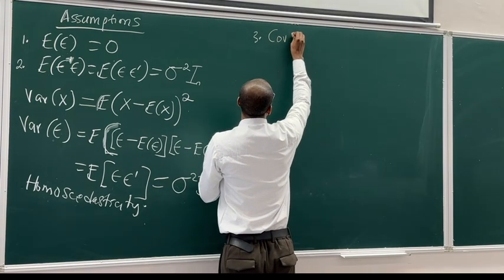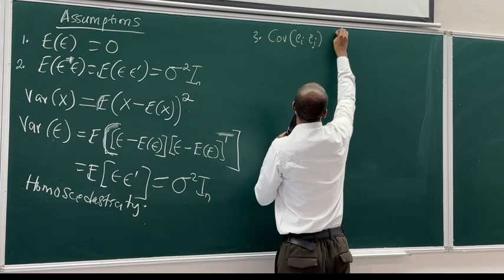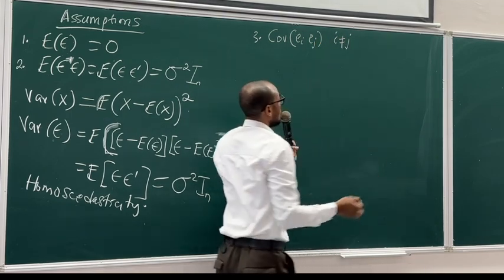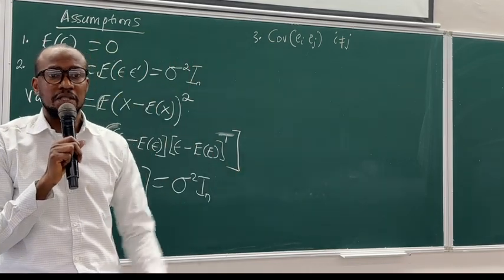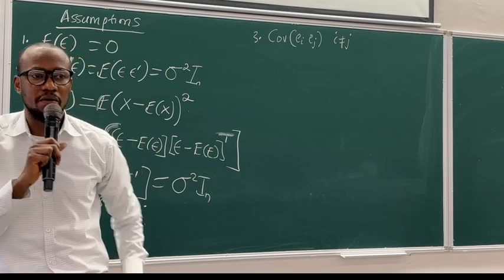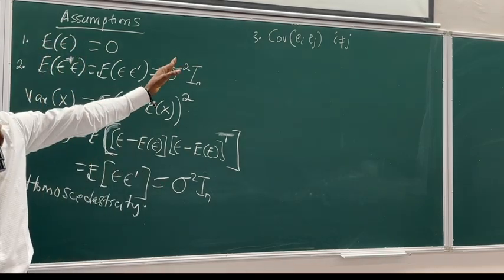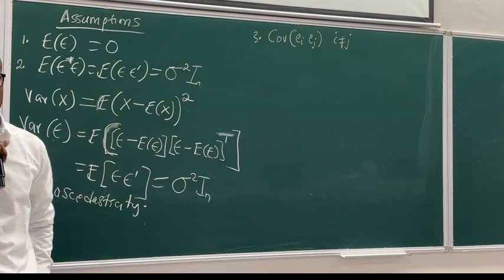Okay, so that's it. Now, another assumption we make is that there is no autocorrelation among the errors. That is, one error is never related to another error. So this assumption is the assumption of no autocorrelation.